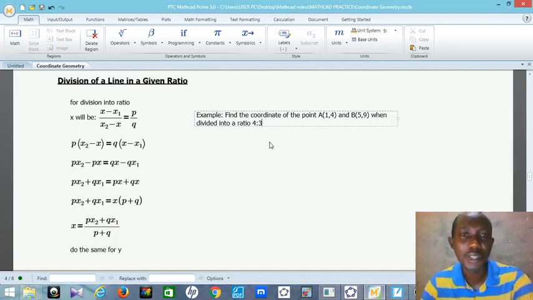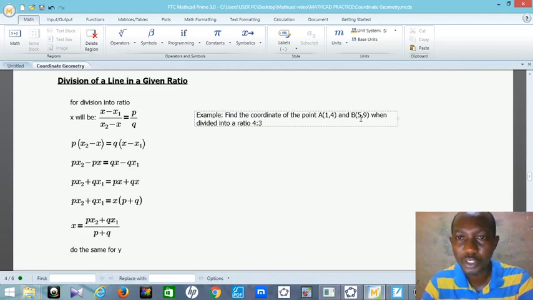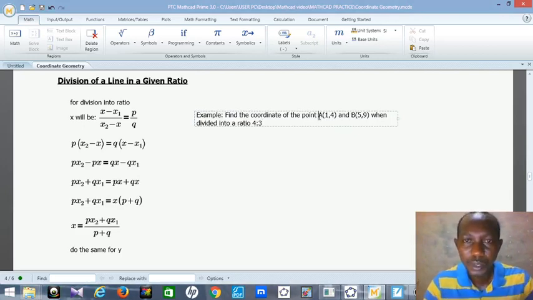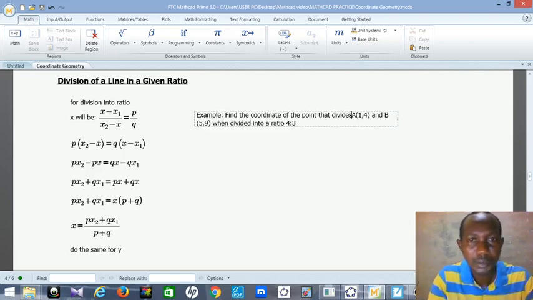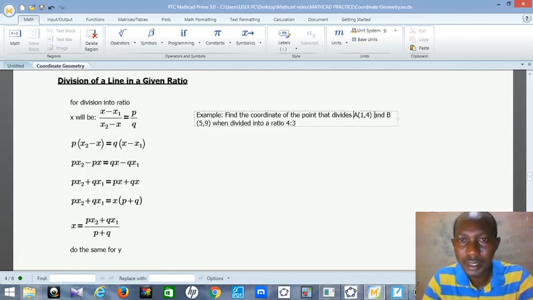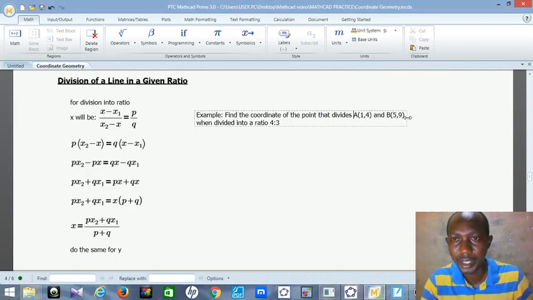They will, as I told you the other time, give you the ratio. They will give you x1, y1, x2, y2. So these are the two coordinates. To find the coordinate of the point that divides A and B into ratio 4:3. So the question is like this.